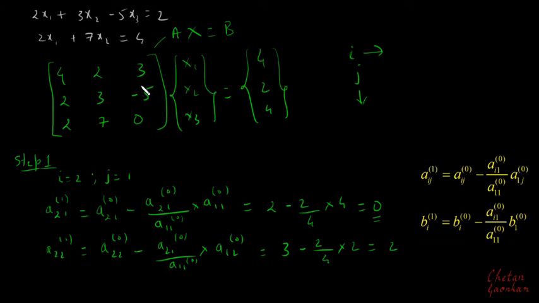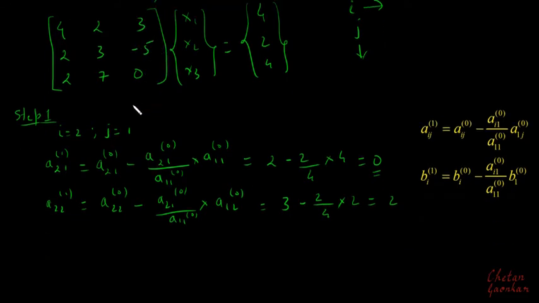And then similarly I will have to see what this value is. This value will be a23 new, which will be equal to a23 original minus a21 original divided by a11 original multiplied by a13 original.